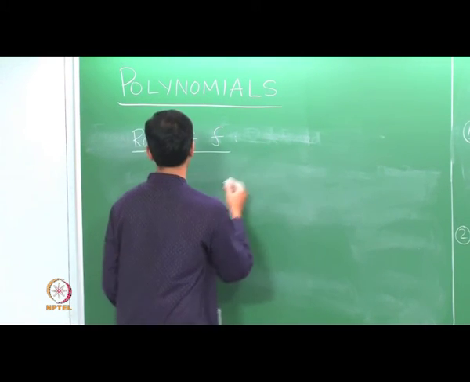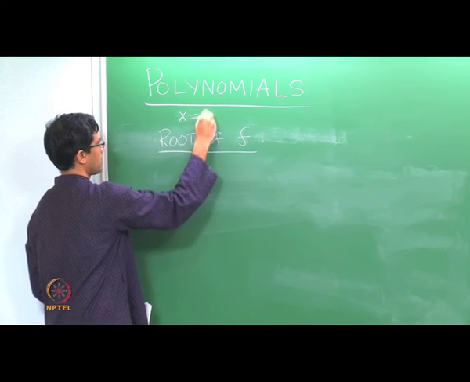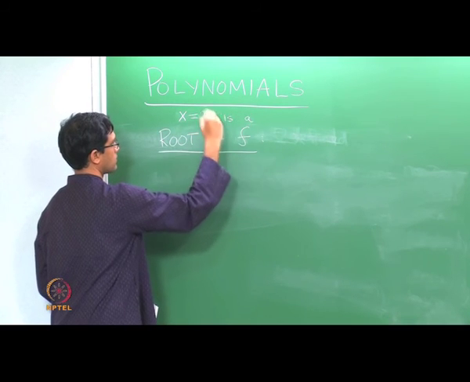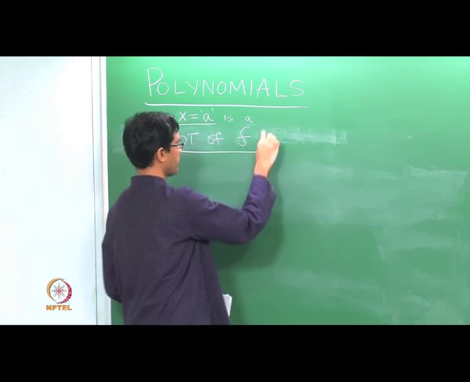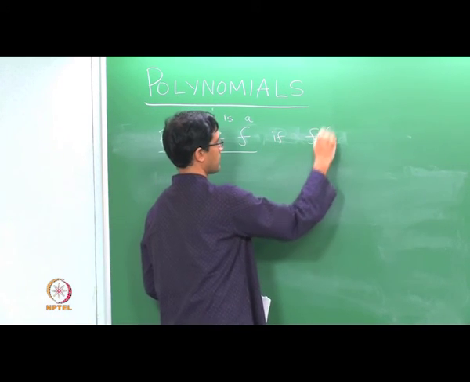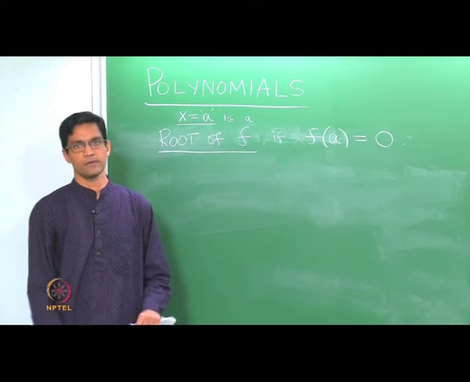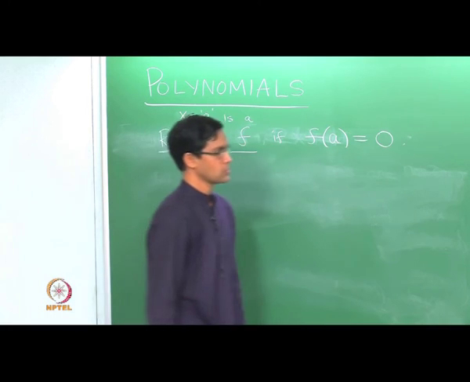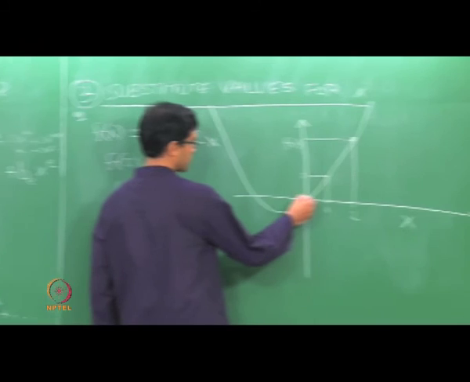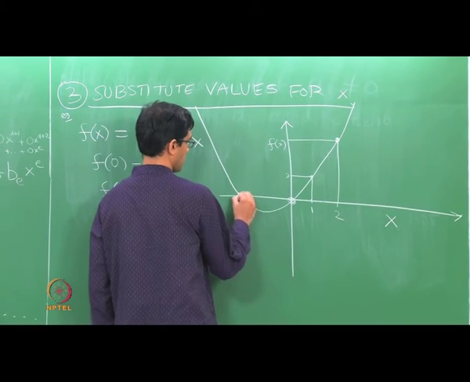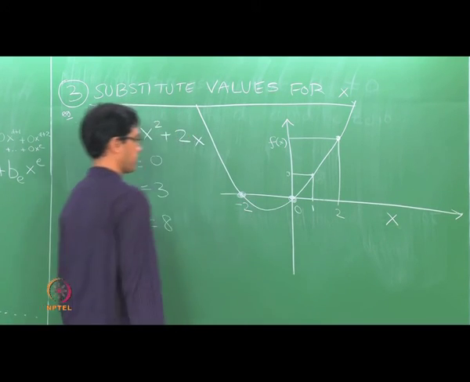So you say that x equals a is a root of f if, when you plug in the value a, the polynomial becomes 0. In this example there are two roots, there are two values at which the polynomial takes the value 0. One of them is of course 0 and the other is -2.